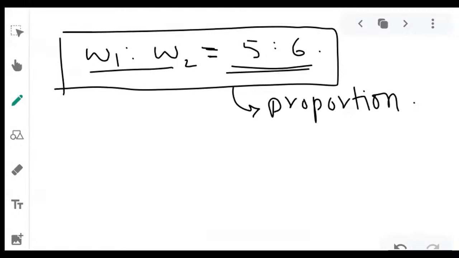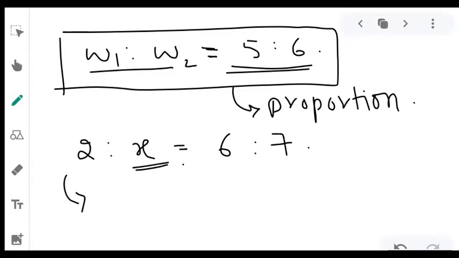When it comes to properties, this is nothing different from ratios. But what we try to do in proportions is, if I have some equations like 2:x is equal to 6:7, find out the value of x. How do you do that? For computations, we always convert the ratios first into divisions. So 2 by x is equal to 6 by 7.